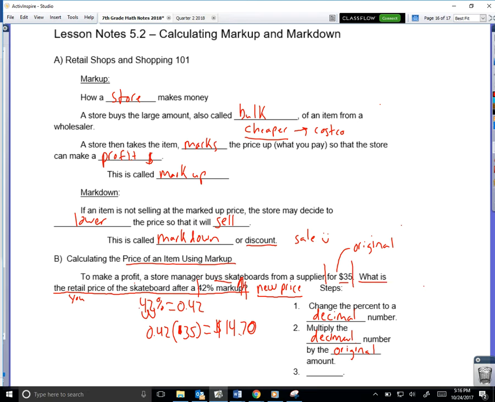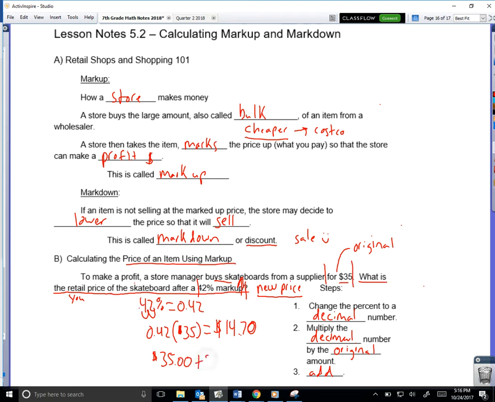Okay, and then number 3, our last step. This is the amount of the markup. We want to get the new price. To get the new price, we're going to have to add to get the retail price. So we're going to take the $35 that was paid for the skateboard.